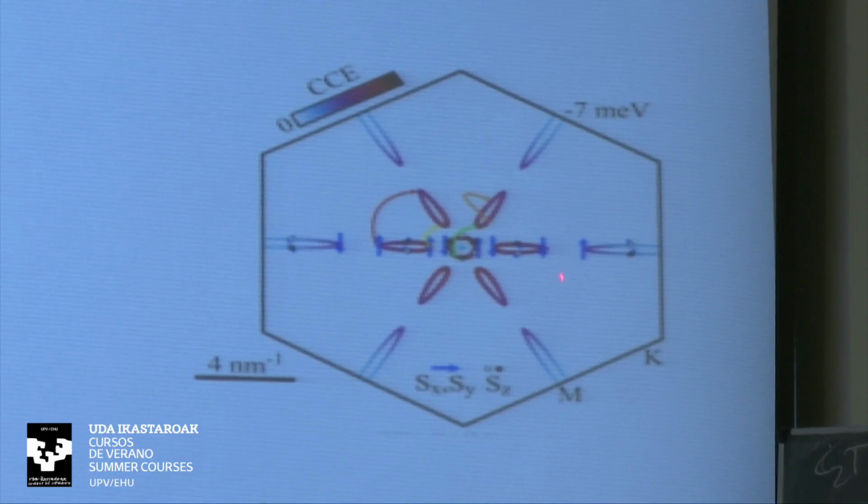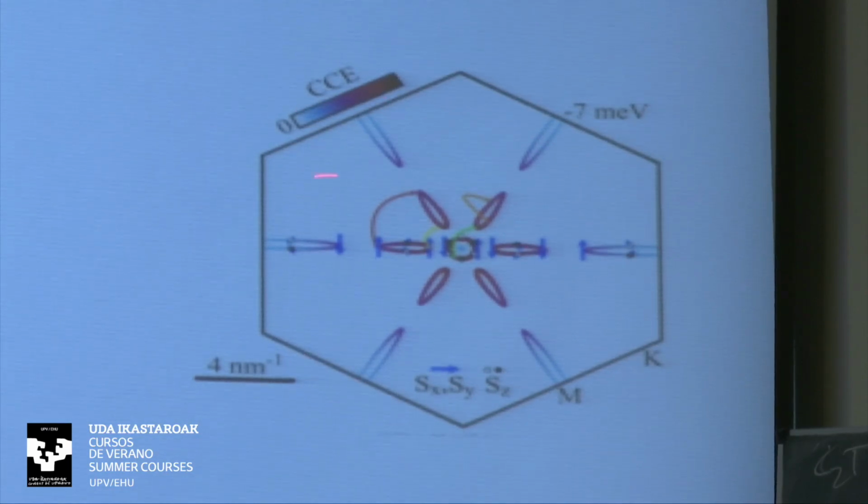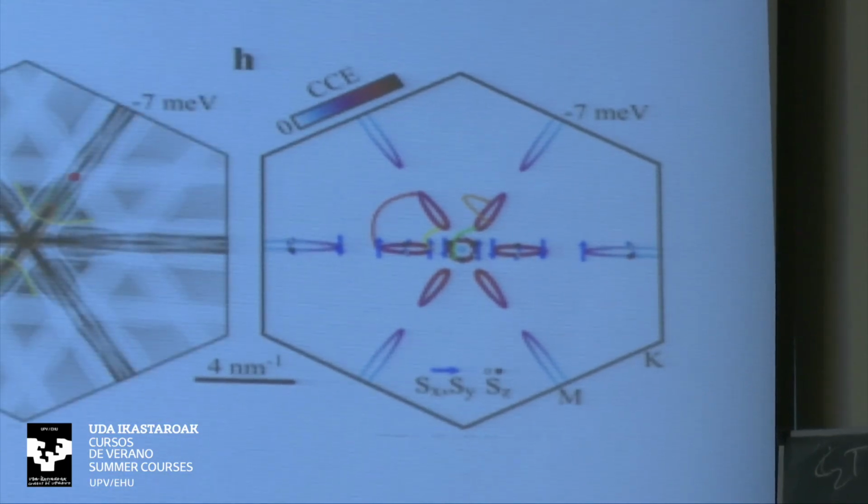And then we have these 6 teardrop hole pockets, which play the dominant role in what we see on the surface. Most of the scattering processes we can identify with scattering within these teardrop-like pockets.